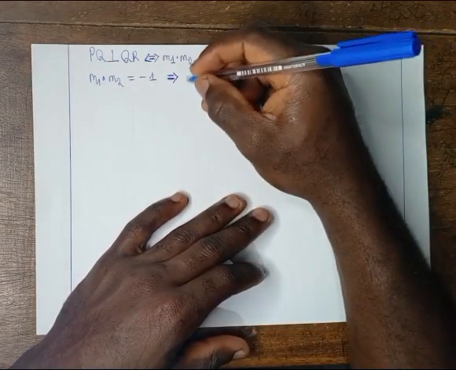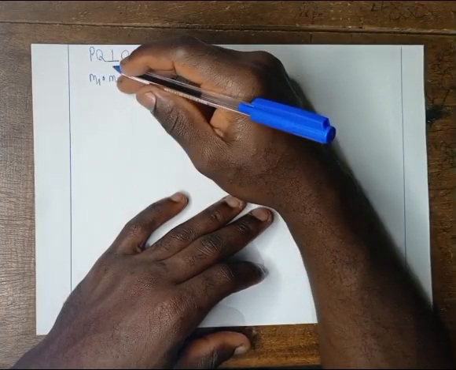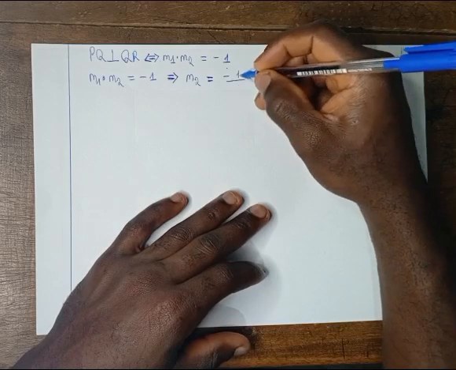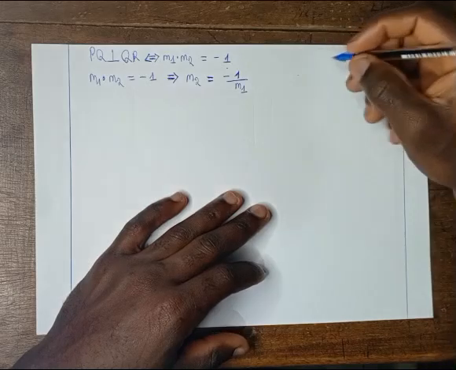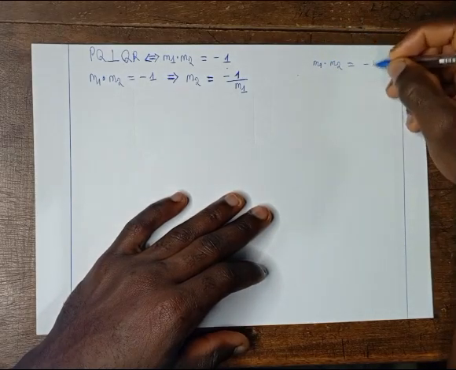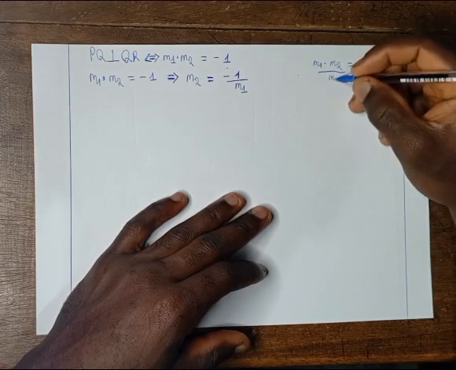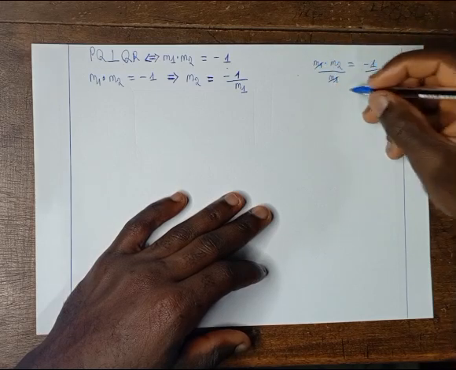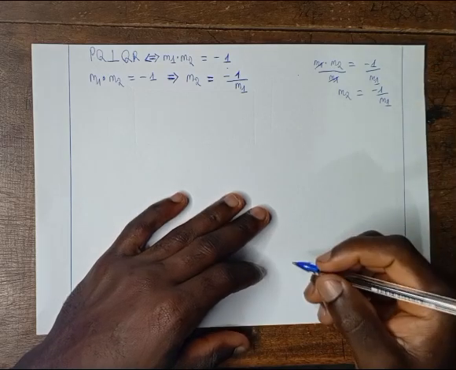If we make m2 the subject of the formula, we divide all through by m1, because we don't need m1 here. m1 will cancel m1, and we'll be left with m2 equal to -1 over m1.